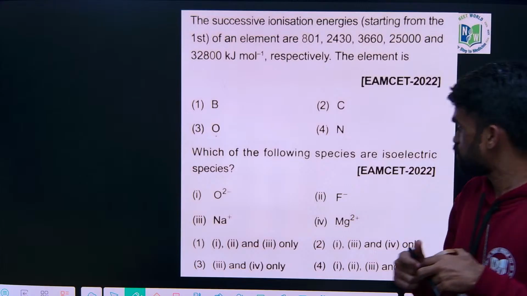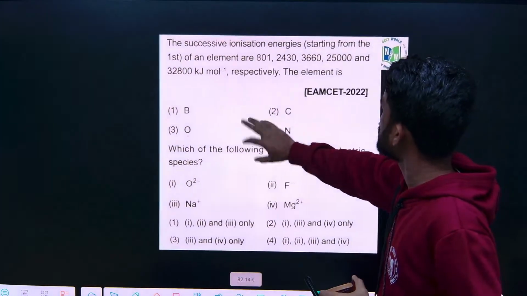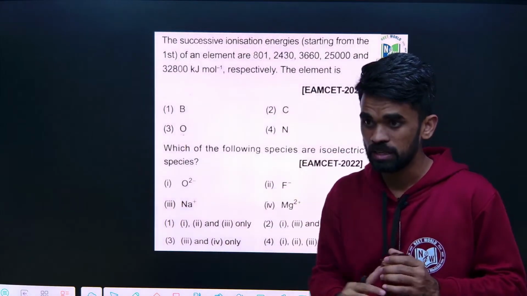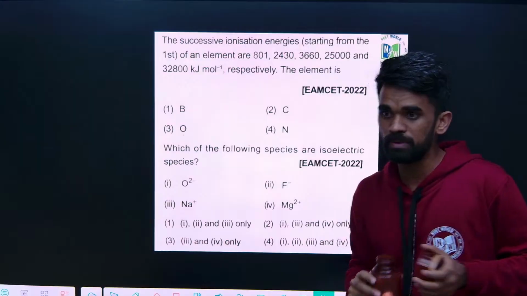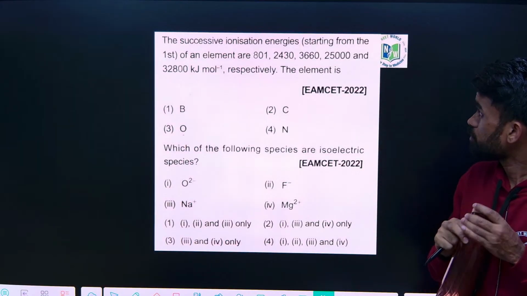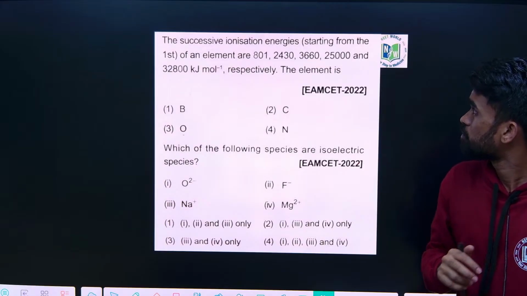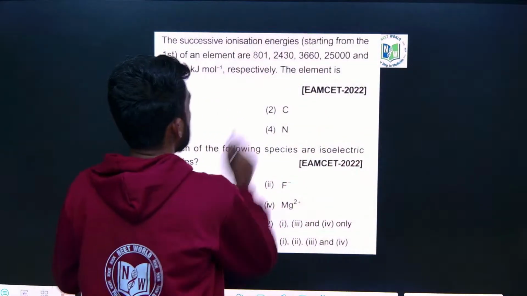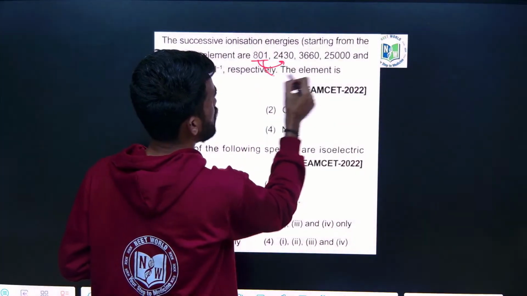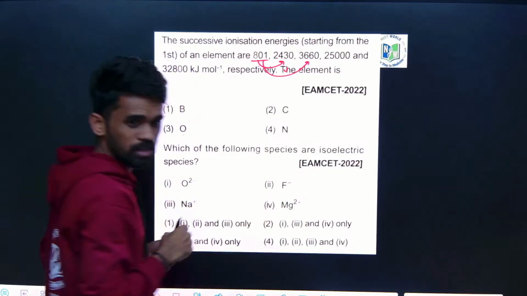So answer fast. Successive ionization energies are given for 1, 2, 3, 4, 5. Where are you seeing a sudden jump in the value? 4th one or 3rd one? See, 800, almost 3 times, and 800, almost 4 times, like that we have.